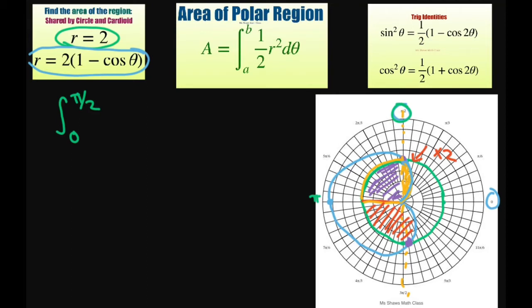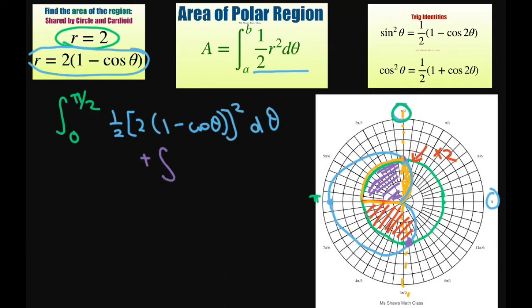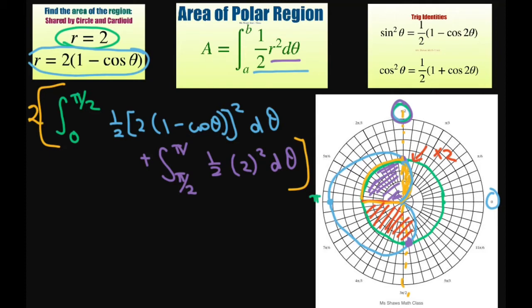So you're going to write this using this formula, 1/2 times 2 times 1 minus cosine of theta squared d theta. And then we have the purple part, that's going to be plus the integral from pi divided by 2 to pi of 1/2, using our formula, of 2 squared d theta. And again, we're going to take the whole thing and multiply it by 2.